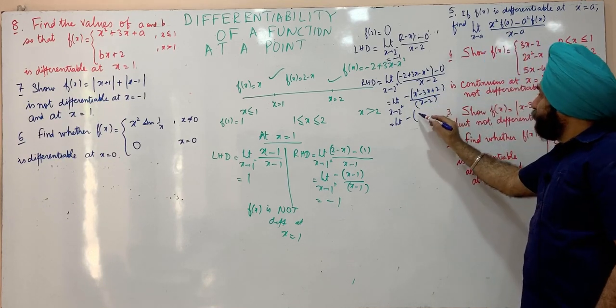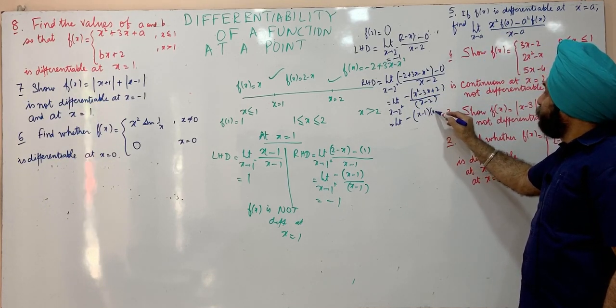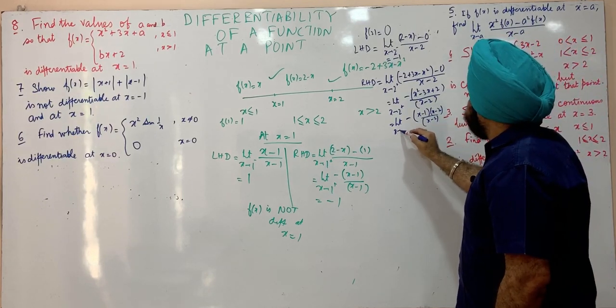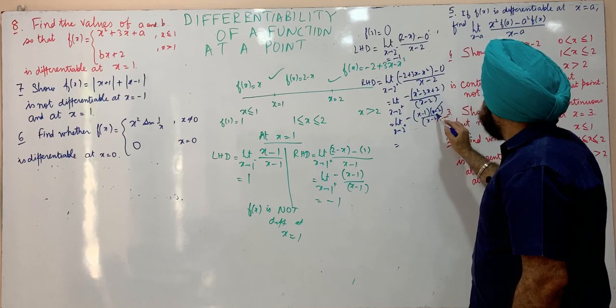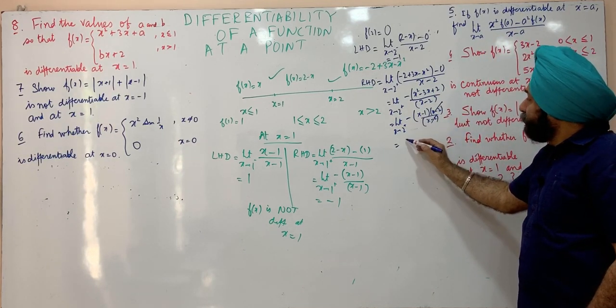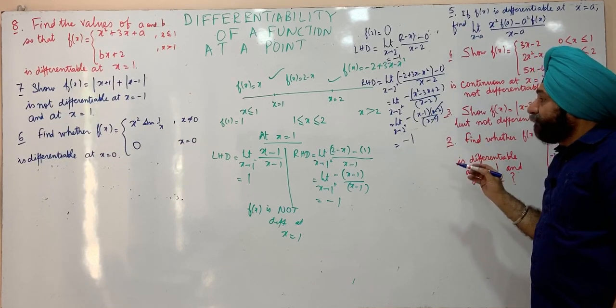Factorize, this is x minus 1 into x minus 2, upon x minus 2 as x approaches 2 plus. This factor will cancel out. This is 2 minus 1, minus sign outside, this is minus 1.